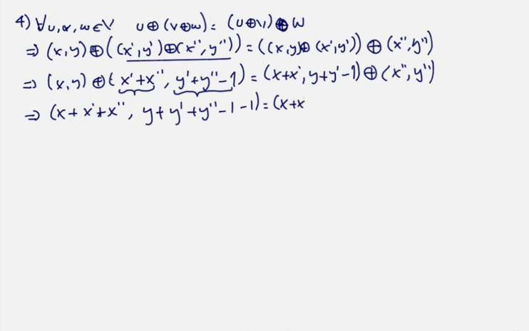plus x prime plus x double prime. Since this is one, it's easier: y plus y prime minus 1 plus y double prime minus 1.